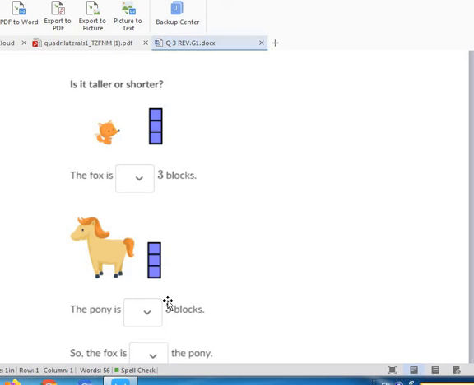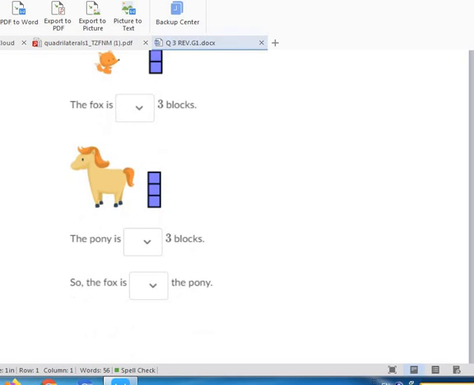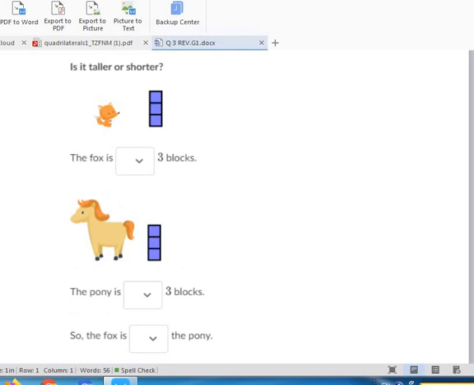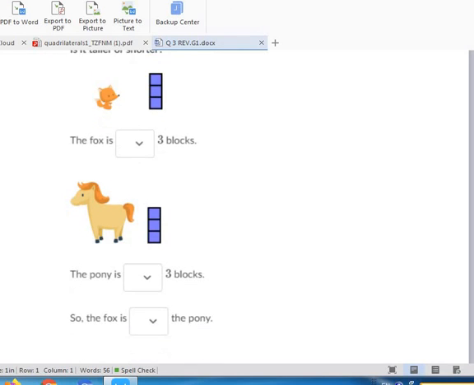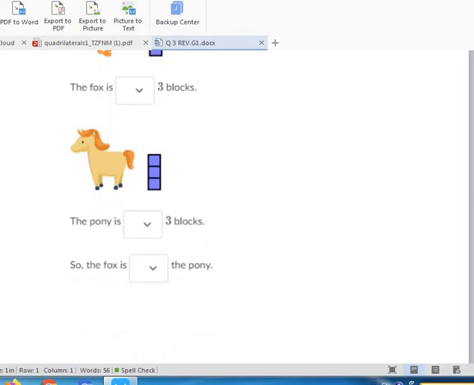So the fox is 3 blocks and the pony is 3 blocks. So the fox is equal to the pony. It's neither shorter nor taller. They are equal in length.